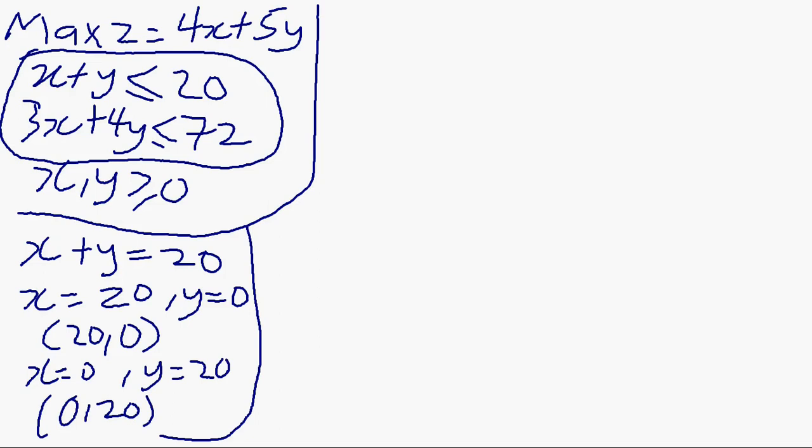So we also do it this way: 3x plus 4y is less than or equal to 72. Equals 72. So now we want to know the value for x. So we equate y to 0.